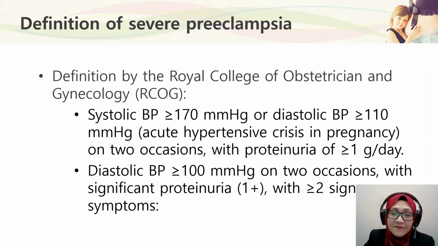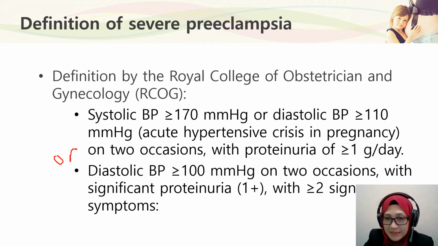This is actually the definition from the Royal College of Obstetricians and Gynaecologists. So there is a systolic BP of 170 or diastolic BP of 110 on 2 occasions, plus proteinuria of more than 1 gram per day, or a diastolic of more than 100 on 2 occasions with significant proteinuria 1 plus, and with 2 of the following signs or symptoms. So severe preeclampsia can be defined by the first or the second presentation.